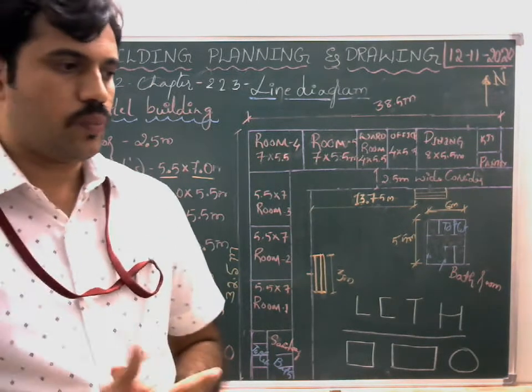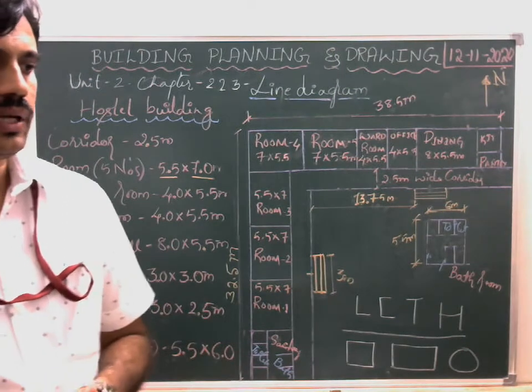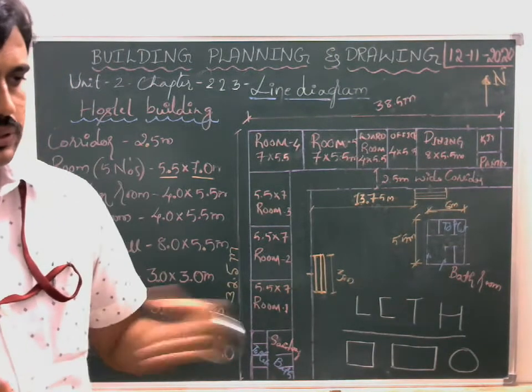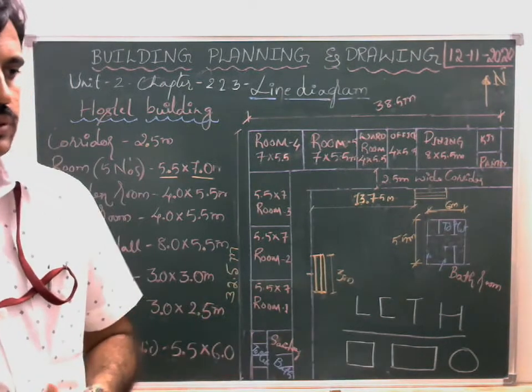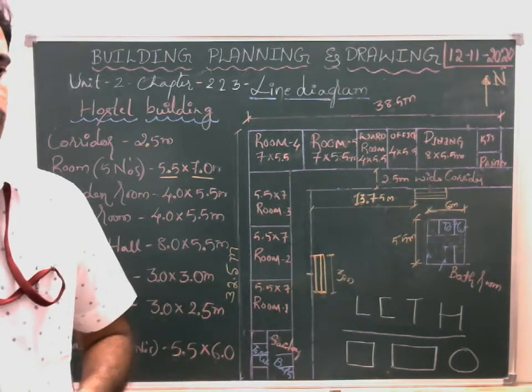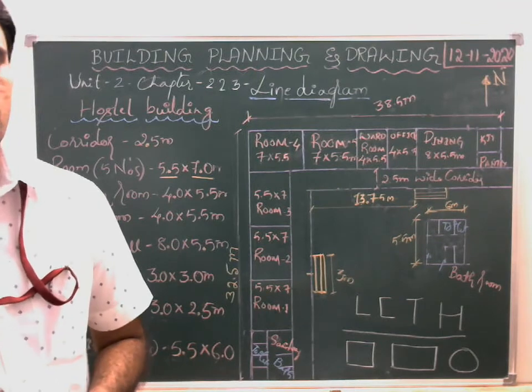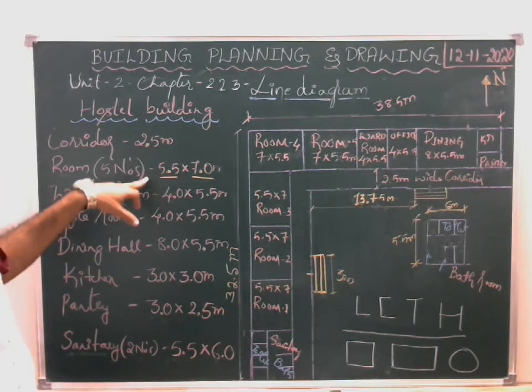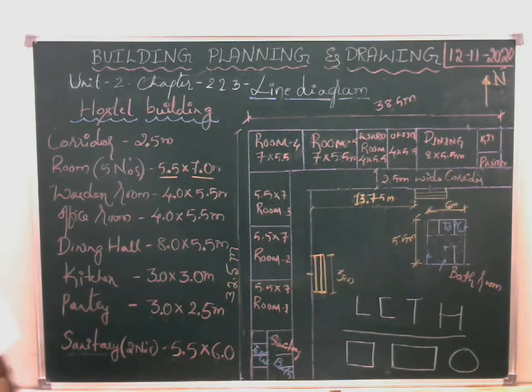If there are two persons in the room, it will be limited to 7.5 square meters per person. If we have to accommodate three persons, it will be limited to 7 square meters per person. Based on this, we will decide the dimensions of the rooms, right?